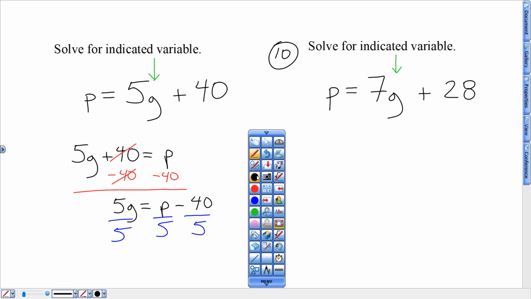So my final answer, when that 5 cancels away, is g all by itself, solved for, is P over 5, and then negative 40 divided by 5 is negative 8. I'm going to simplify that because I can. I can't simplify P over 5 because I don't know what P is.